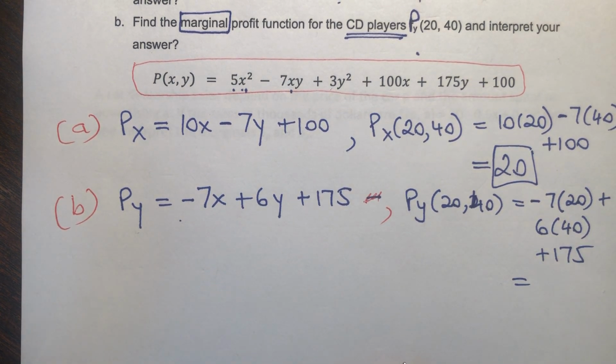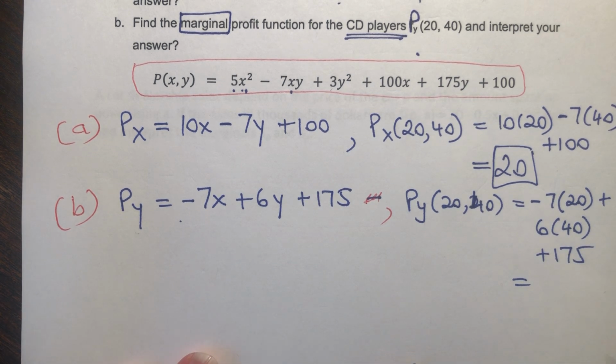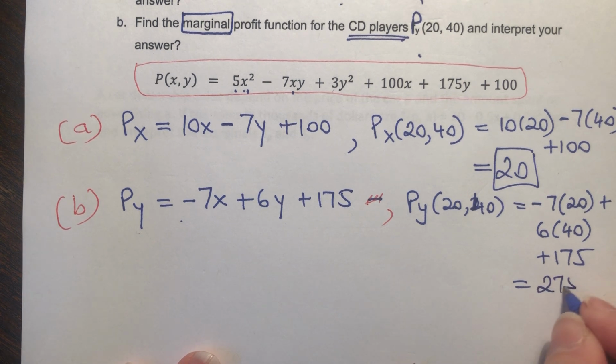So let's see what we're coming up with. That's going to be negative 140 plus 240 plus 175. So that's 275. Okay. Now, the question is, what do they mean?